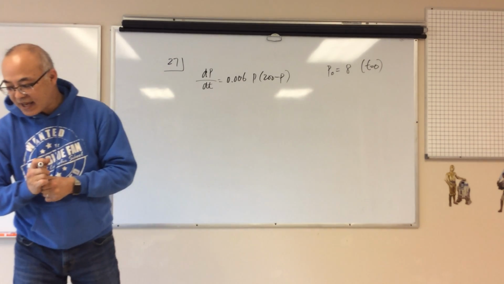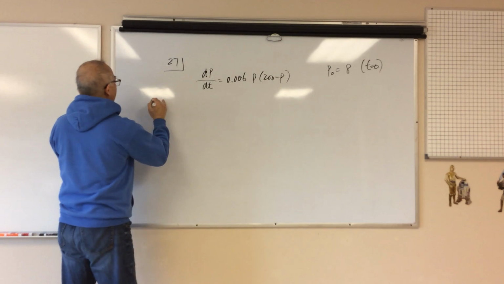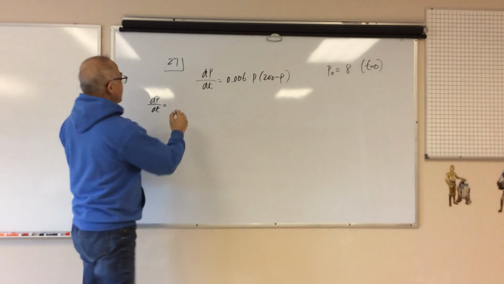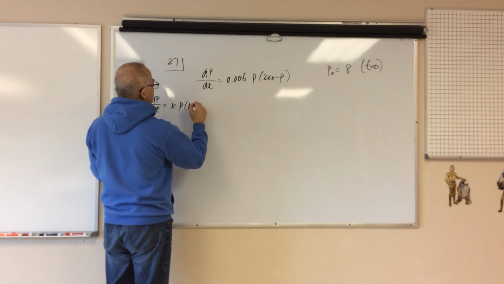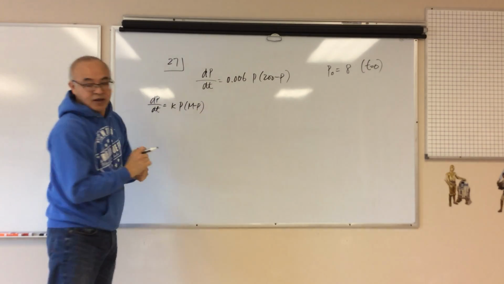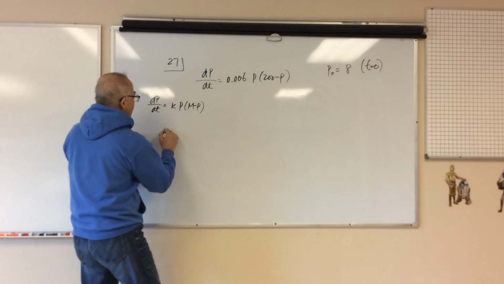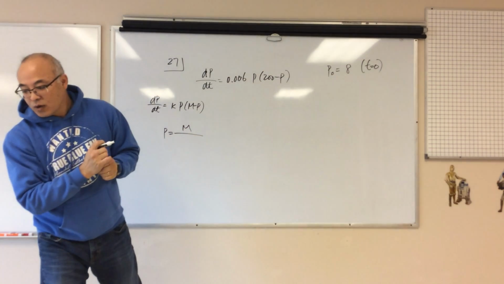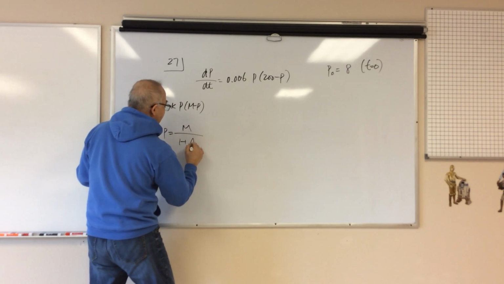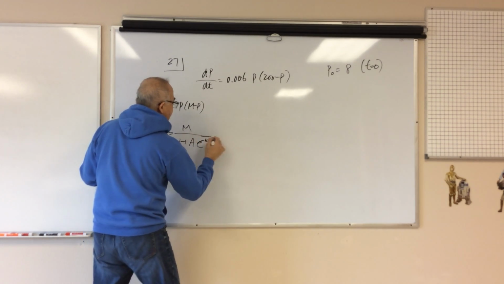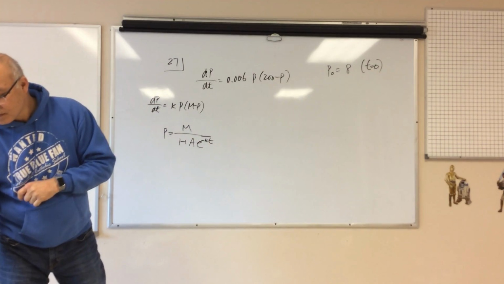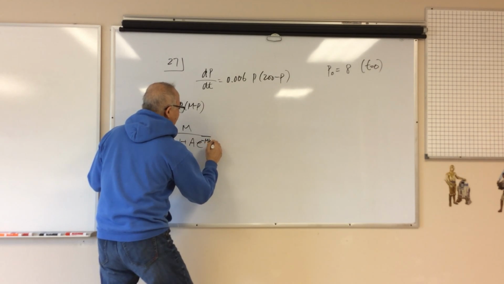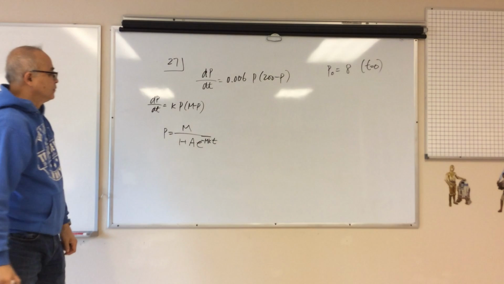Page 374 states that when dP/dt is equal to kP(M minus P), my solution automatically is going to be P equals M, the carrying capacity, over 1 plus A e to the negative Mkt.